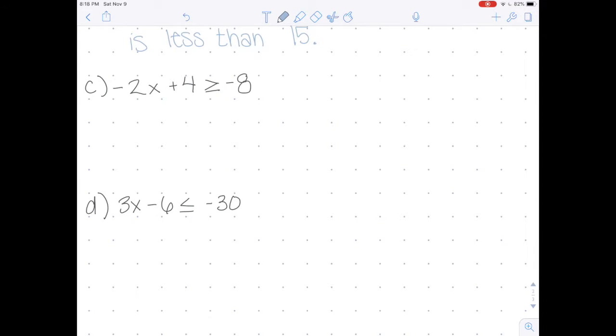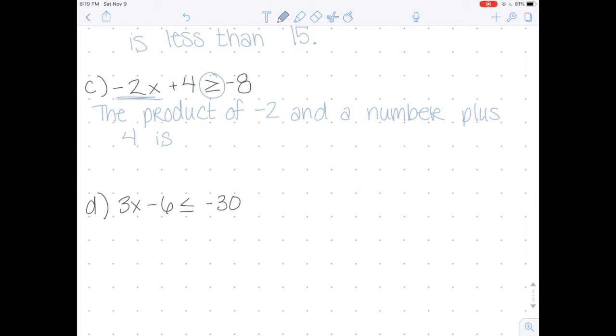We can start with the multiplication, and we can say the product of -2 and a number plus 4 is, you could say greater than or equal to, or you can say at least -8.